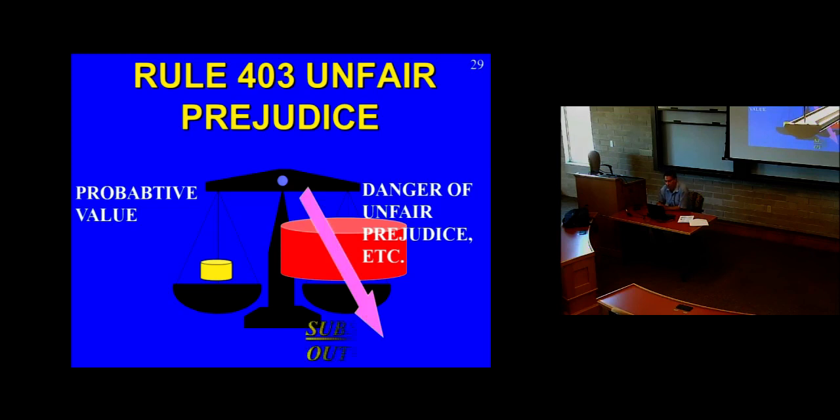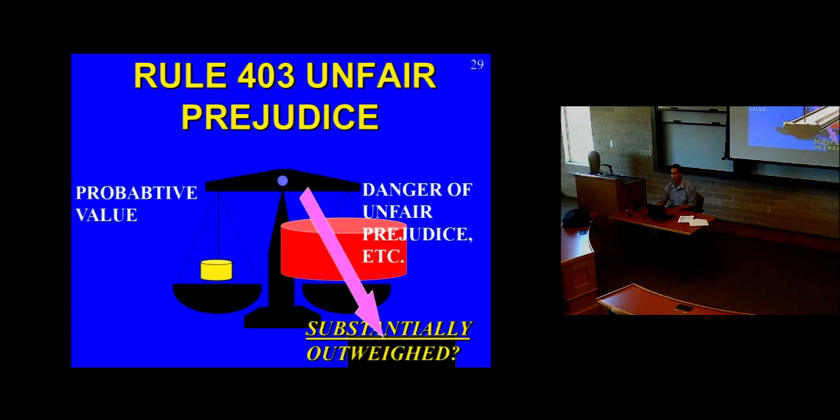And when it gets outweighed, it has to not only be outweighed, but it has to be substantially outweighed. So if the probative value is substantially outweighed by the danger of unfair prejudice or any of the other 403 dangers, then it will be inadmissible.